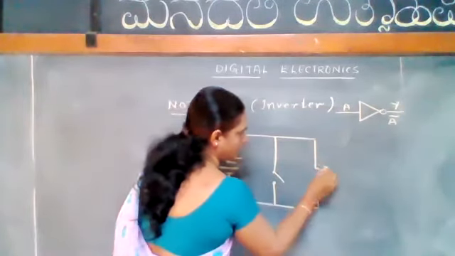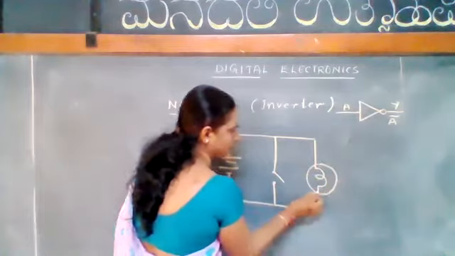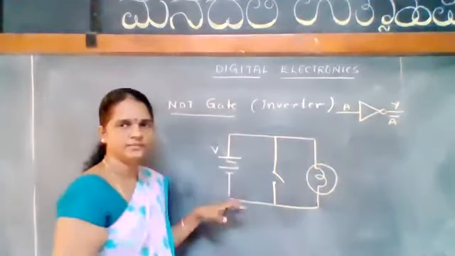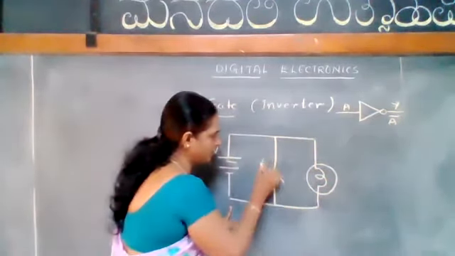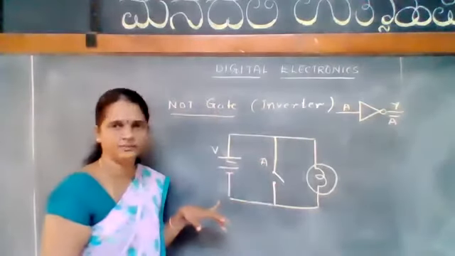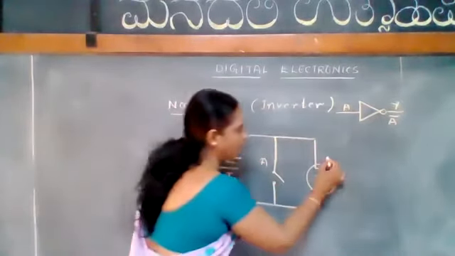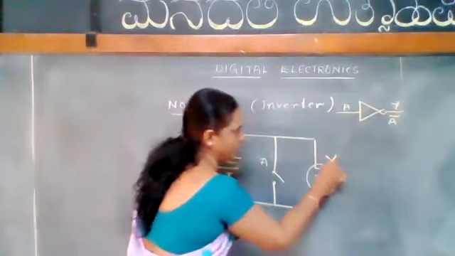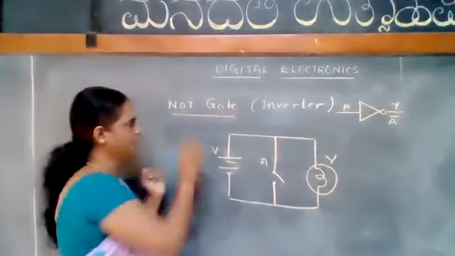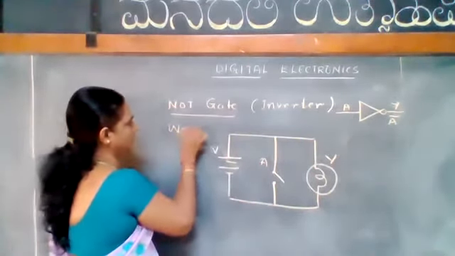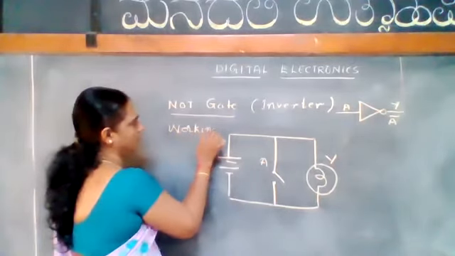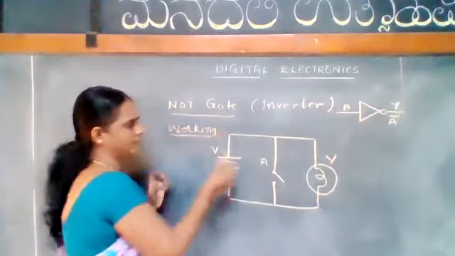Now, consider the switch as our input and the bulb as our output. This is the working we are explaining with respect to an electrical circuit.